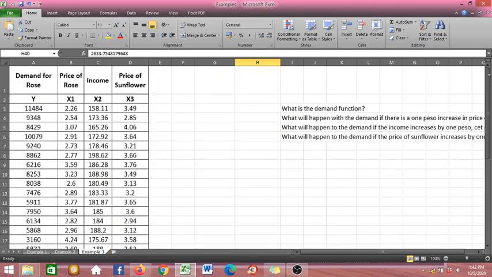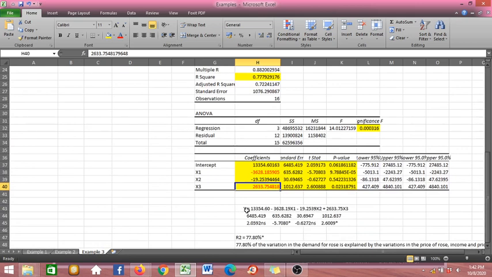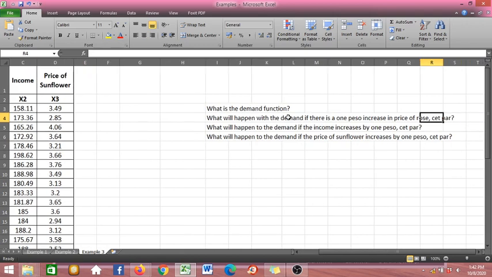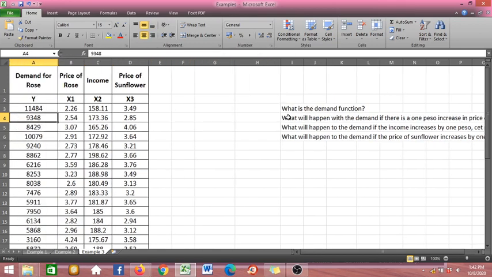Now, let's answer the questions. What is the demand function? So, this is the demand function. Next. What will happen to the demand if there is a 1 peso increase in the price of rose, ceteris paribus? Let's remember ceteris paribus, holding other things constant, because we cannot answer this if we also consider changes in x2 and x3.